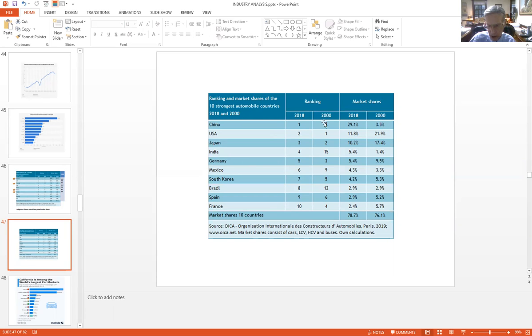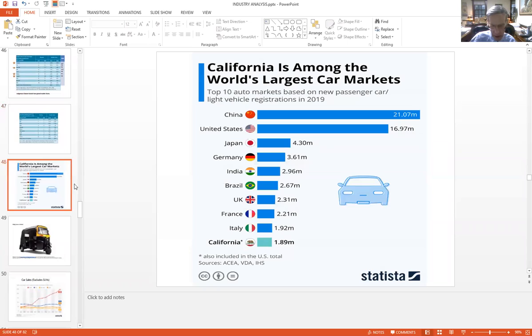By 2018, it had 29% and was the largest manufacturer of cars in the world, followed by the United States and then Japan. Notice, by the way, India in the #4 position here. We'll deal with that a bit later.